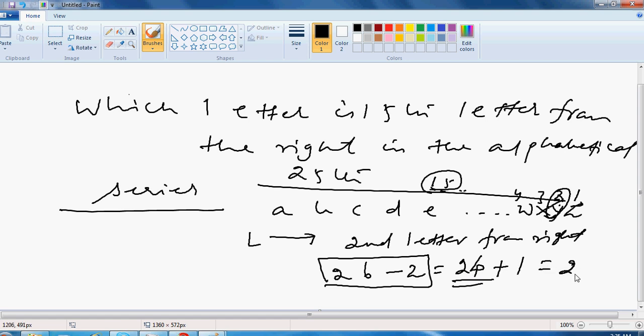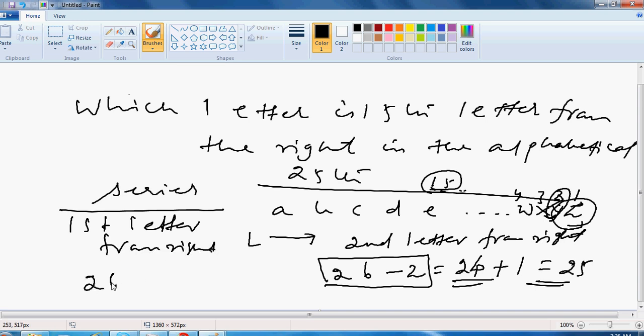This is 25th. What I mean is, if Z is the first letter from the right, and the question is which is the first letter from right, it is not 26 minus 1, but 26 minus 1 is 25. You add plus 1 and get 26.